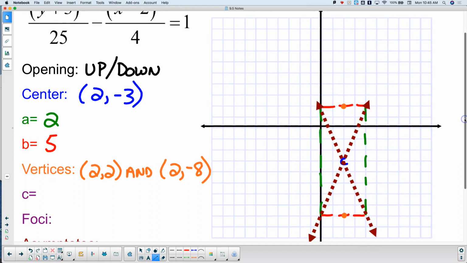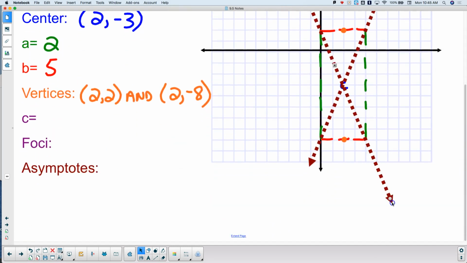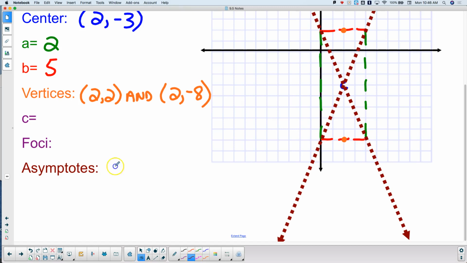I'm going to scroll down just a little bit so that I can extend those. Savannah, do you want to come up with the equations of the asymptotes right away? Yeah. Okay. Do you remember how to find the slope of the two asymptotes?